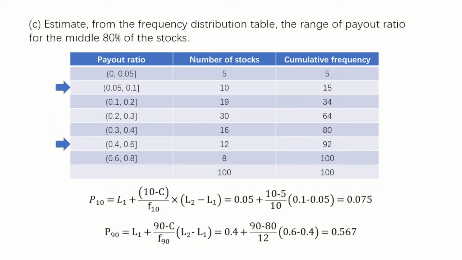L1 is the lower boundary of the second class, and L2 is the upper boundary of the second class. F10 is the number of stocks in the second class, in this case 10, and C is the cumulative frequency of the previous class, in this case the number of stocks in the first class, that is 5.